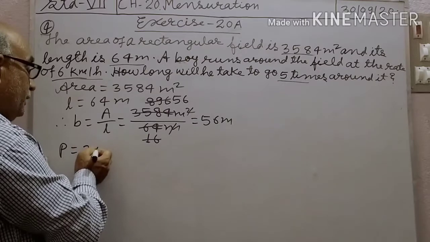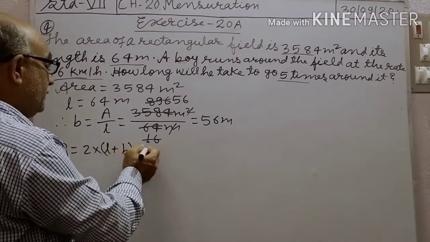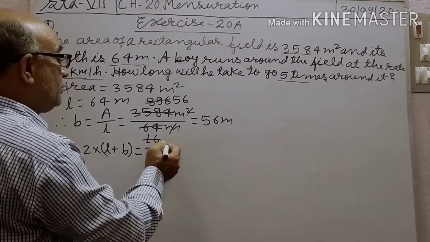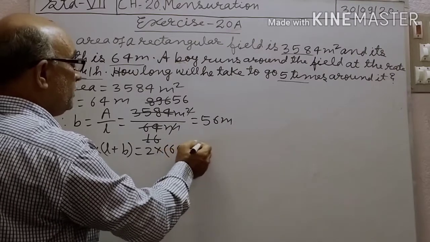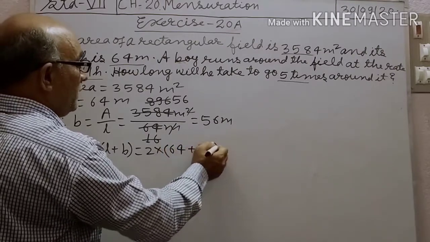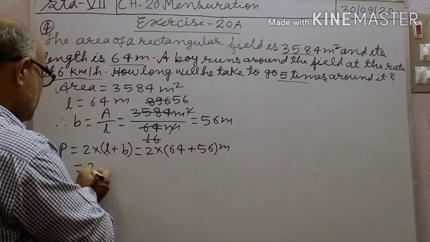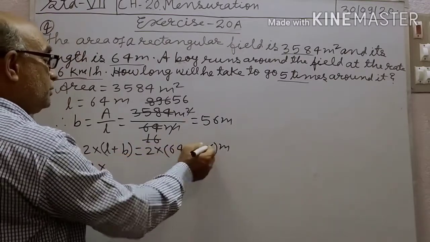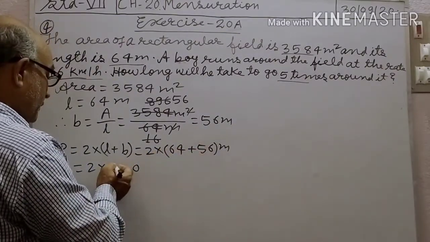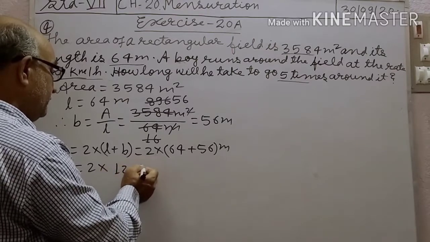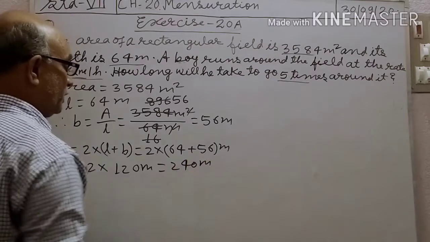Perimeter equal to 2 into L plus B equal to 2 into 64 plus 56 meter equal to 2 into 120 meter equal to 240 meter.